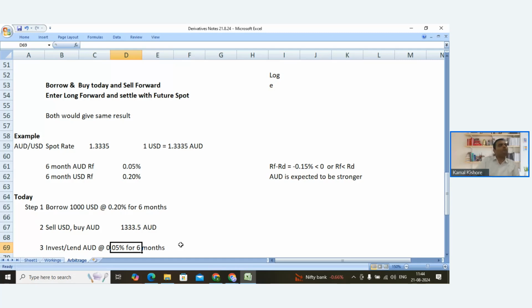Now you tell me what will happen after 6 months. Work it out quickly. All this is there in the material as well.